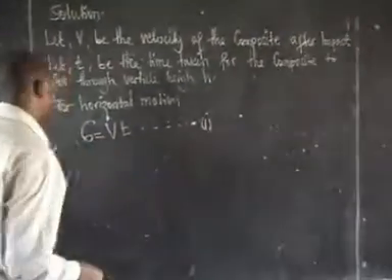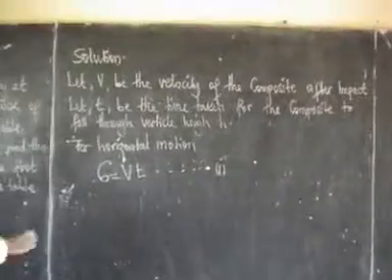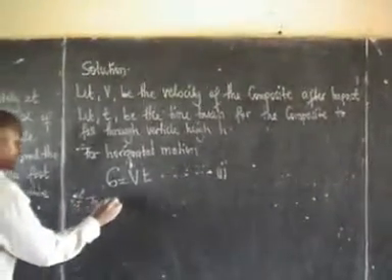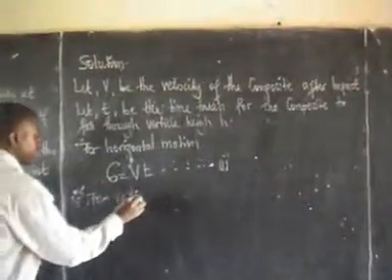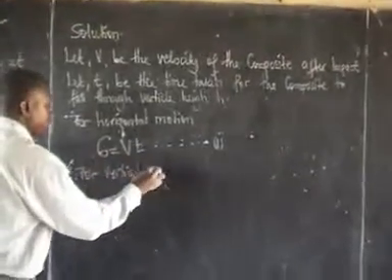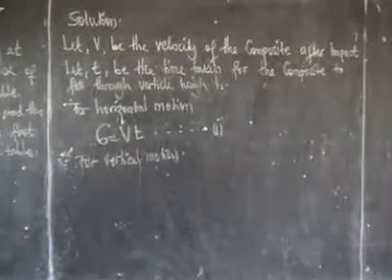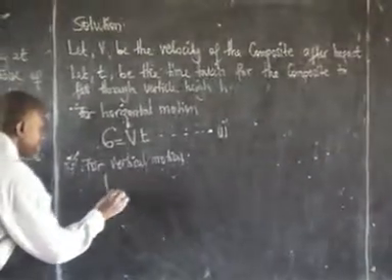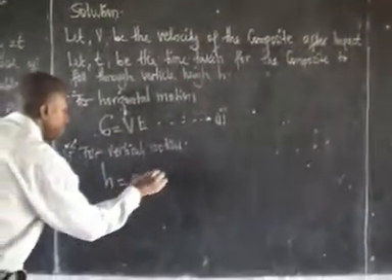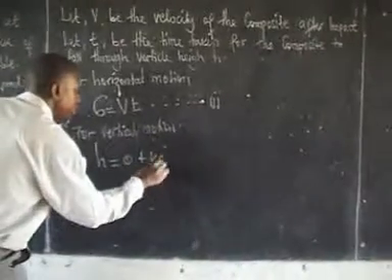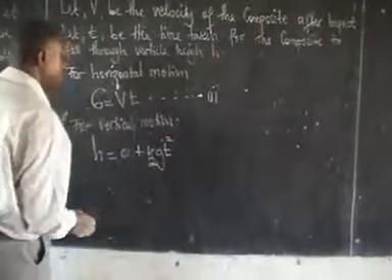That is equation 1. Now for vertical motion, we shall have h being equal to 0 plus half g t squared.